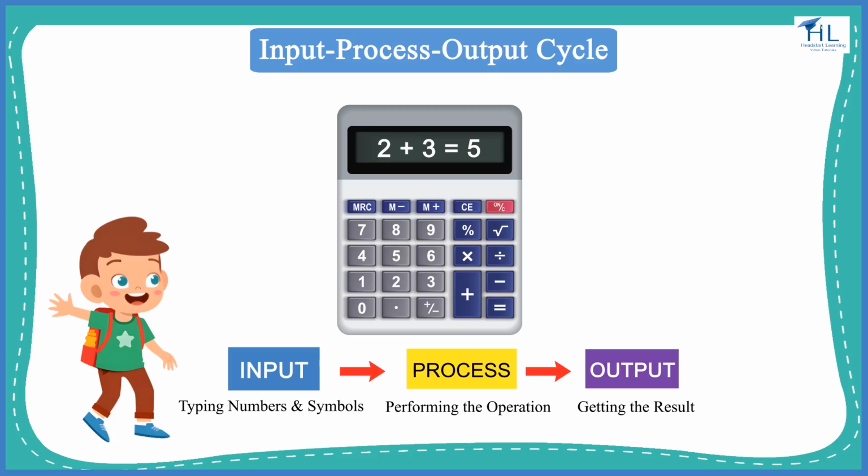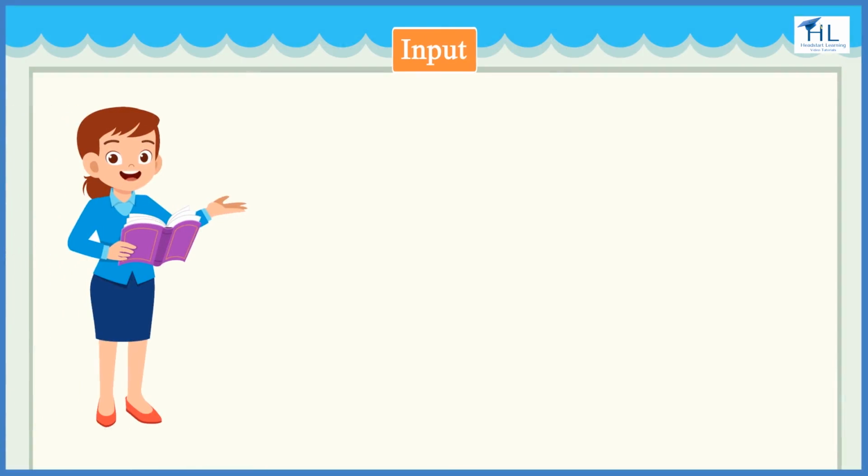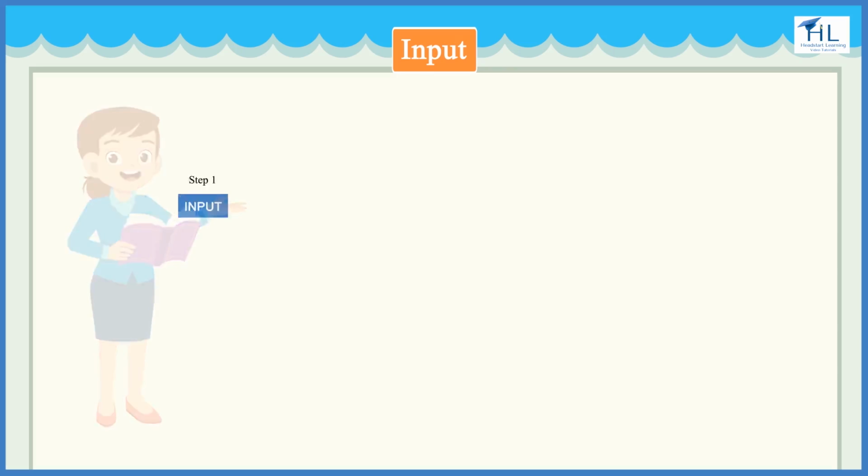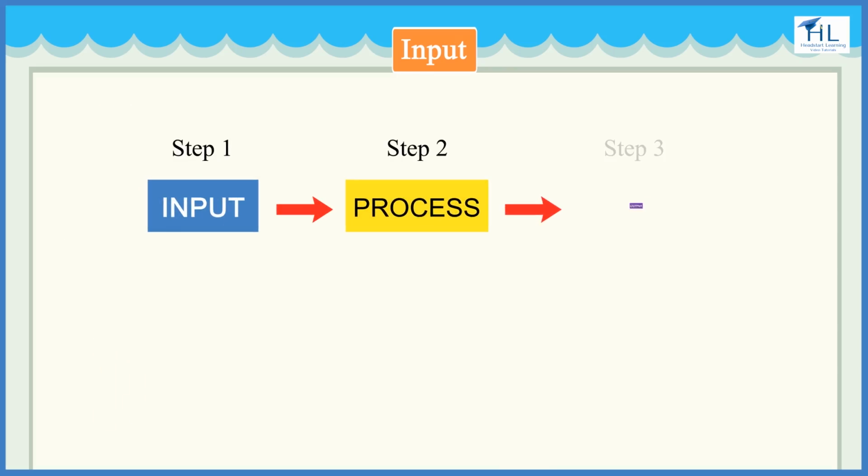Let us now understand the IPO cycle of a computer. We already know that the IPO cycle has 3 steps: input, process, and output. Let us understand the first step, that is input.